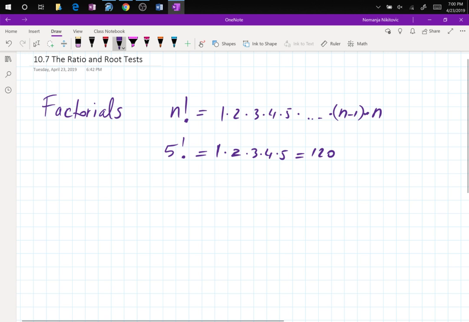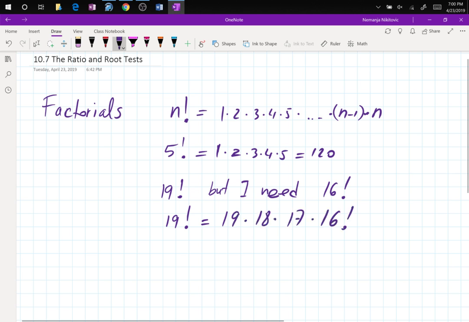So if I have, let's say, 19 factorial, but I need, let's say, 16 factorial, then 19 factorial is going to be 19 times 18 times 17 times 16 factorial.